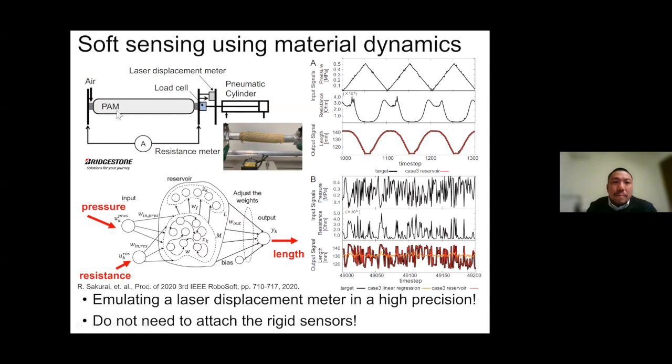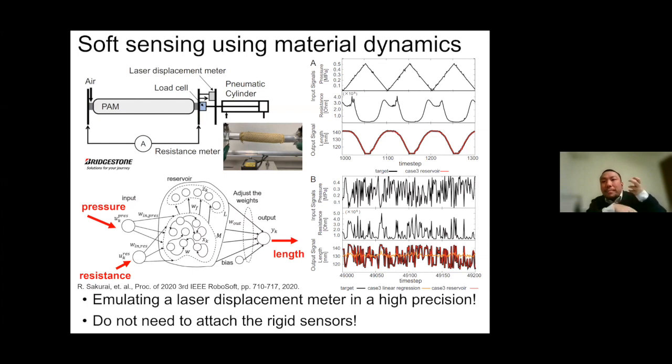We have a McKibben type pneumatic actuator, and as you know, it's made of rubber, and we incorporated some carbon nanotube in the rubber. And now we can detect the resistance of the pneumatic actuator.